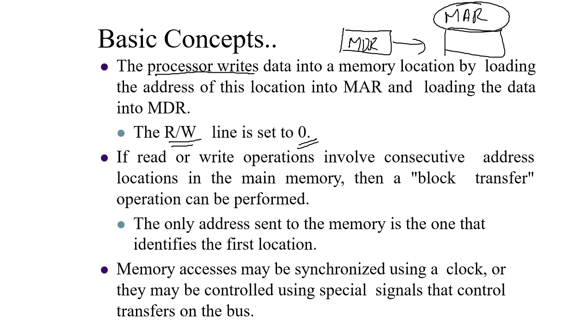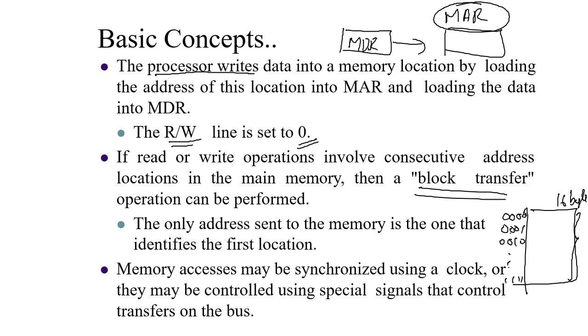If the read or write operations involve consecutive address locations, for example if you want to transfer the data that is present in the addresses 0000, 0001, 0010, and so on up to 1111, that is 16 bytes of data from the memory to the processor or from the processor to the memory, in such cases we have a block transfer operation.